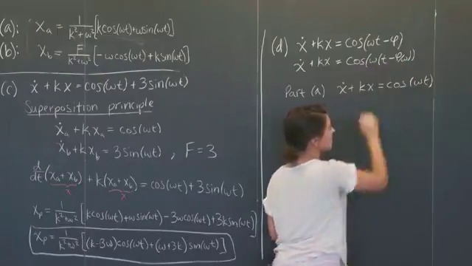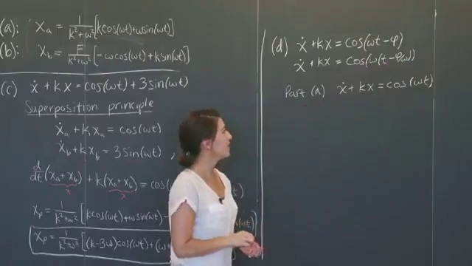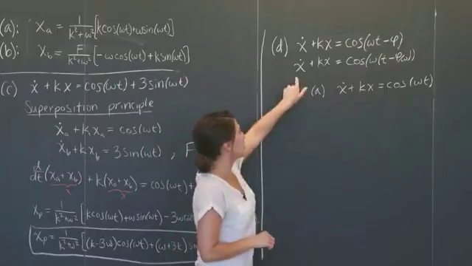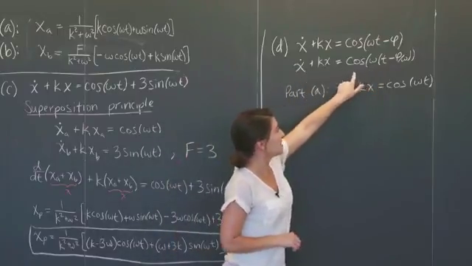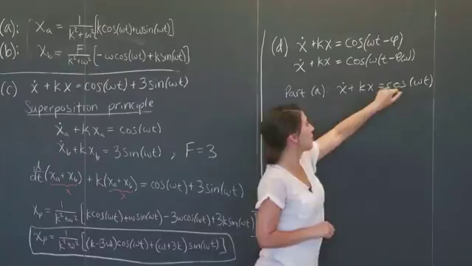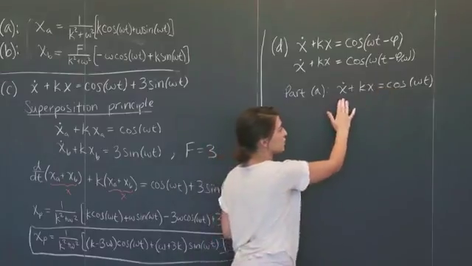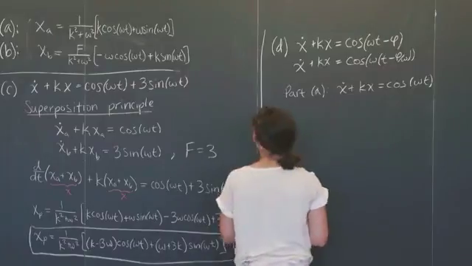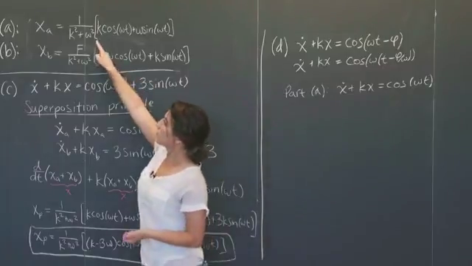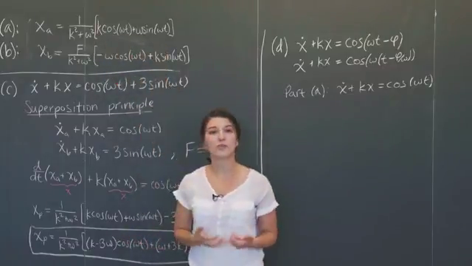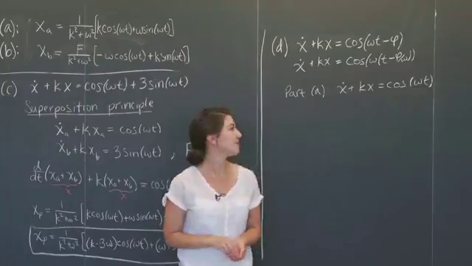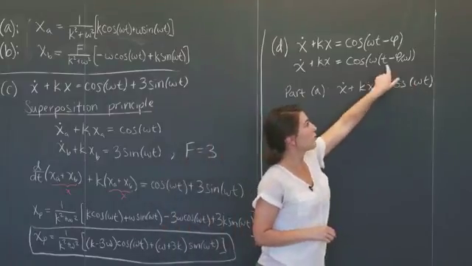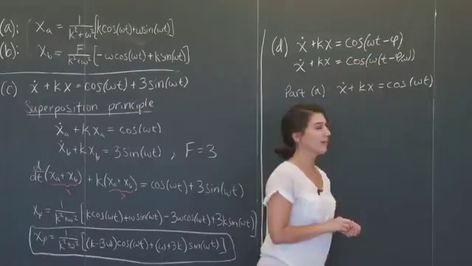So this is just a shifted time. Time invariance tells us that the solution to this equation, which has an input that's shifted in time, is the same as the solution to this equation with that same time shift. So if we look back at our solution from part A, our solution for part D will be the same, except that instead of t, we'll write t minus phi over omega.